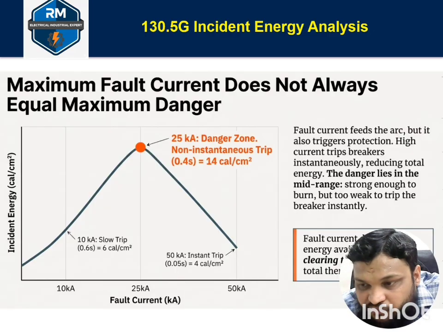But if the current increases and the clearance time decreases proportionally, there will be no impact on the incident energy. So if current increases, the incident energy increases depending on the clearance time of the relay. This is a very important parameter.